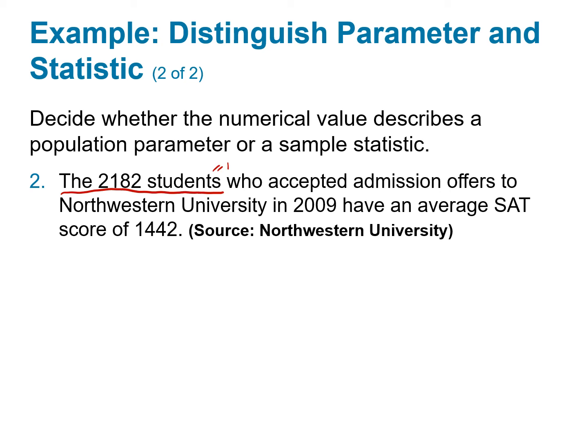So in this case, this is our population. It's all the students who accepted an admission offer. It doesn't tell us that this is some of the students, right? It's saying it's the 2,182 students. So it's all of the students who accepted the admission offer. So this is population, which means that average SAT score is a parameter.